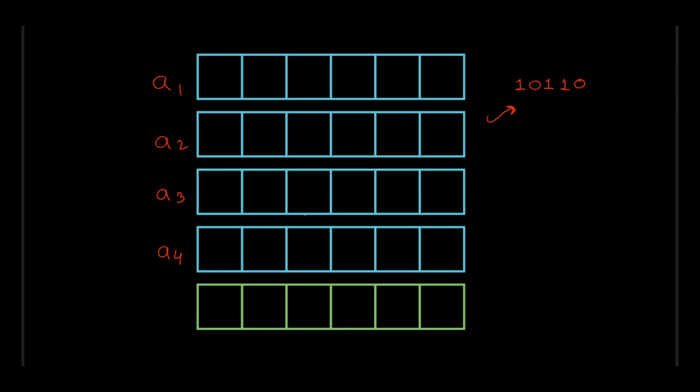So if you label these bit positions as 0 1 2 3 4, you can write this number as 2 to the power 4 into 1 plus 2 to the power 3 into 0 plus 2 to the power 2 into 1 plus 2 to the power 1 into 1 plus 2 to the power 0 into 0. So this is the binary representation of this number in terms of powers of 2.